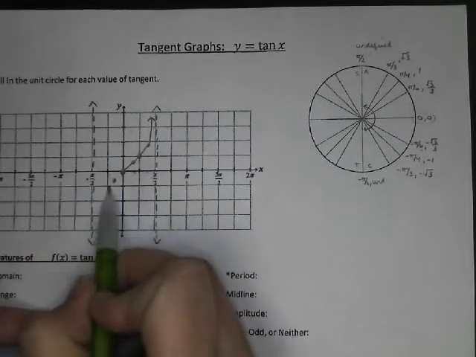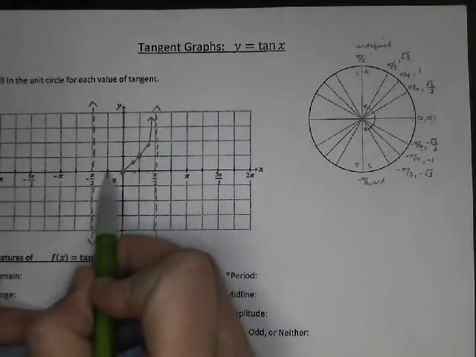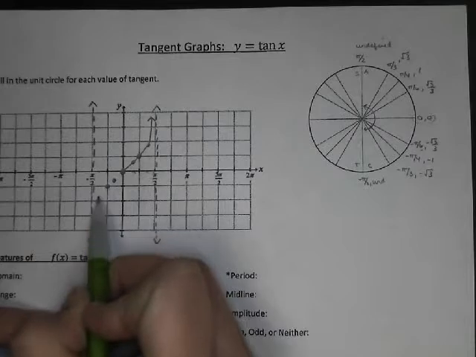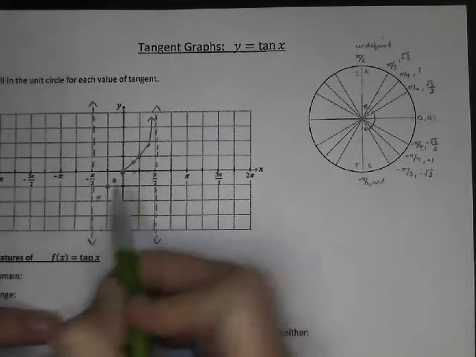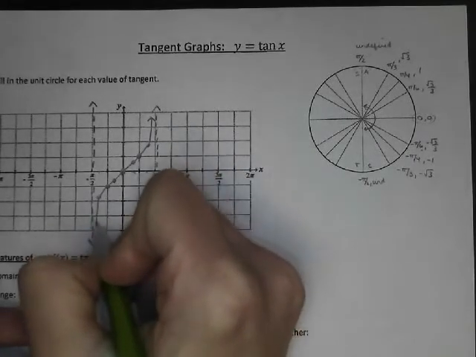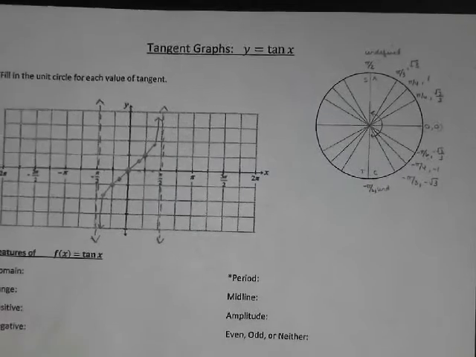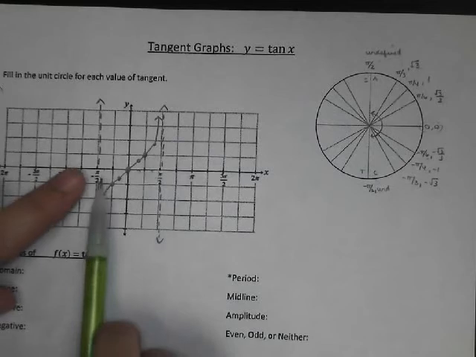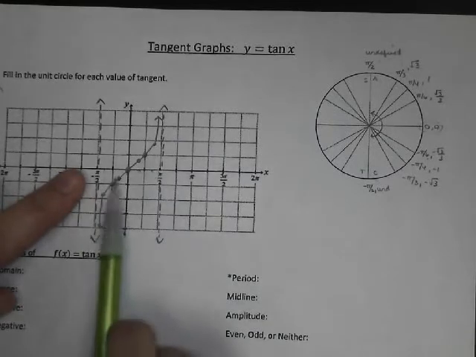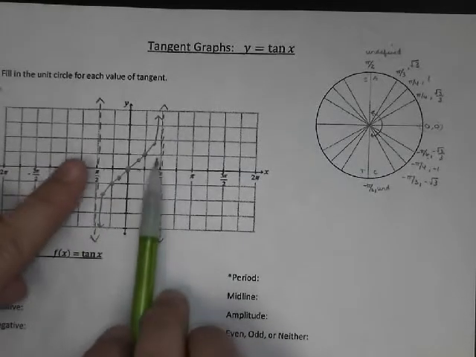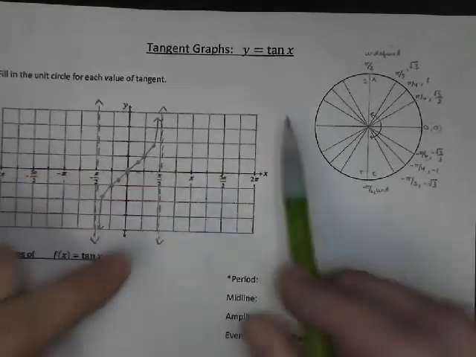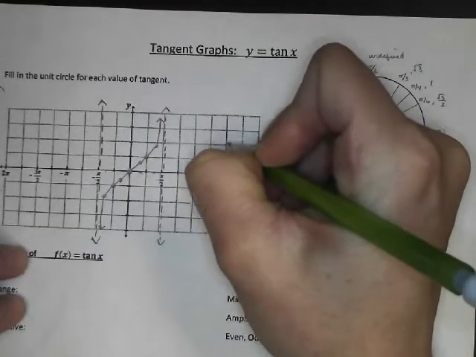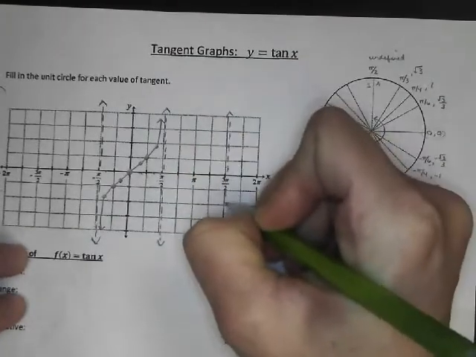Negative pi over 4 was negative 1. And negative pi over 3 was negative root 3, which is that 1.7-ish. A similar thing happens down here. And that's really the section of the graph that just continuously repeats itself. So the period, that's just one cycle. We would just translate that over, and you'll see a second cycle.